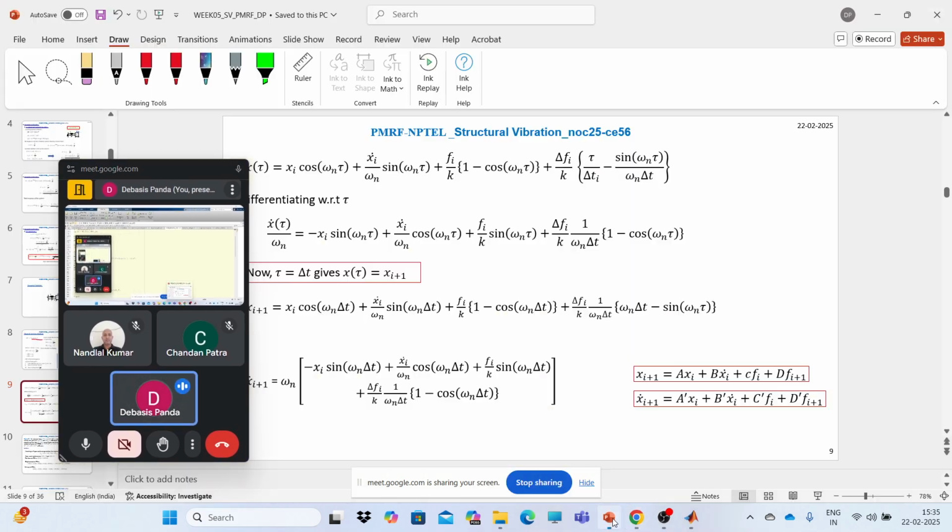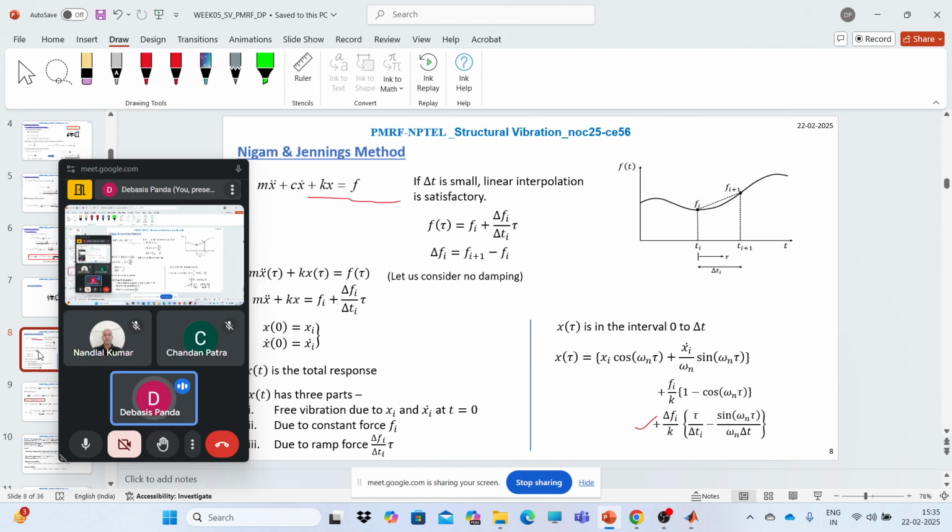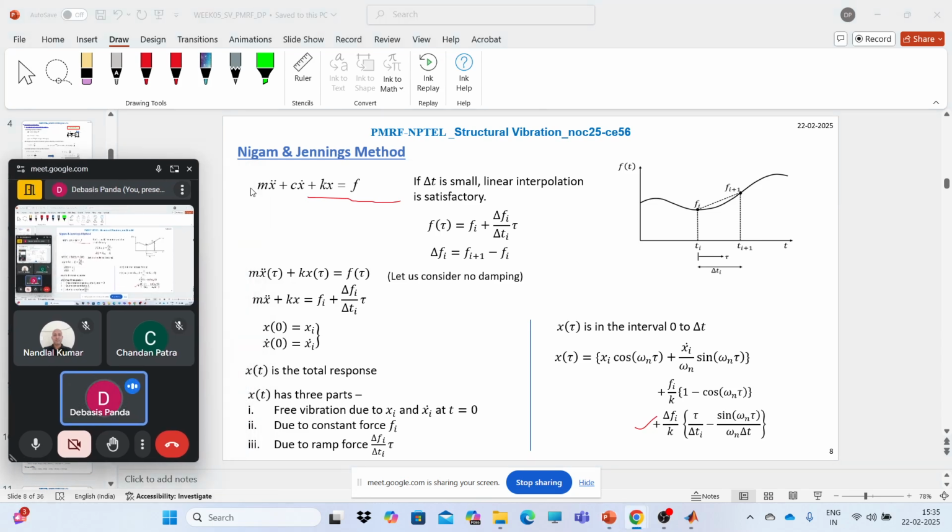So if I go over quickly what we have done for the Nigam-Jennings method. First, we considered the equilibrium condition, that means m x double dot plus c x dot plus k x equals f. Then we have the arbitrary forcing function over here.